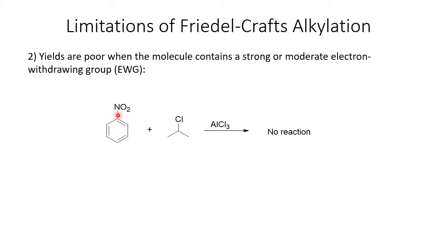Now, the carbocation electrophile that forms in Friedel-Crafts doesn't form very quickly and is not that stable. So it's not as strong of an electrophile as you would see in the other reactions. So a weaker electrophile combined with a less reactive benzene ring is going to make the reaction not very efficient, and it results in very poor yields. So we'll talk about this a little bit more in the next video, but just something to keep in mind as one of the limitations for Friedel-Crafts.